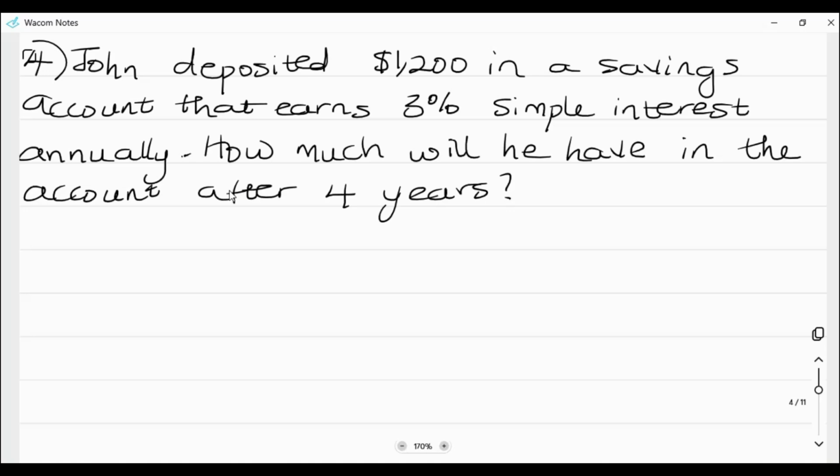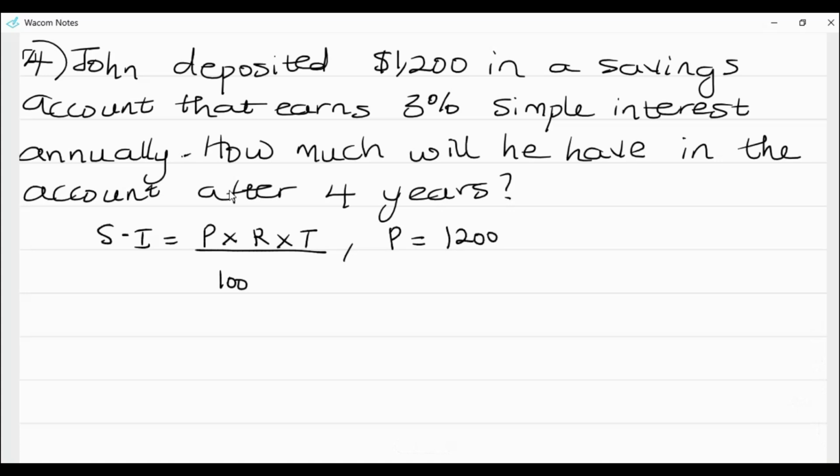So the first thing, we know the formula for simple interest is given as P times R times T over 100. From this, we know that P is the principal, which is 1,200. We have the principal to be 1,200, the rate to be 3%, and the time to be 4 years.